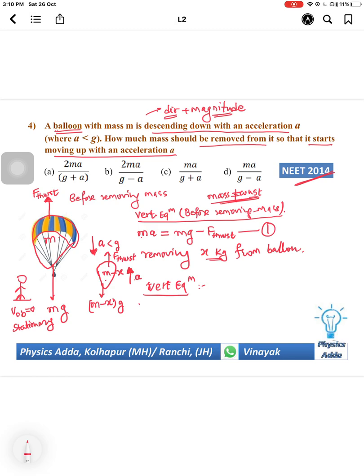The vertical equilibrium will be (m minus x) into a is equal to F thrust minus (m minus x) into g. This is equation number 2. Now I will add equation number 1 and equation number 2.